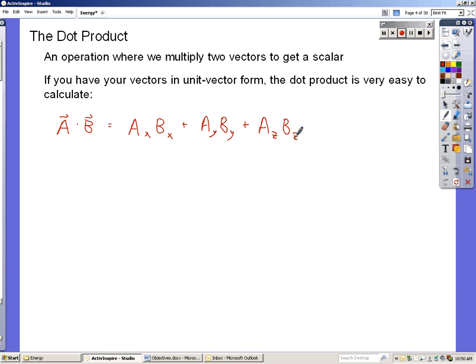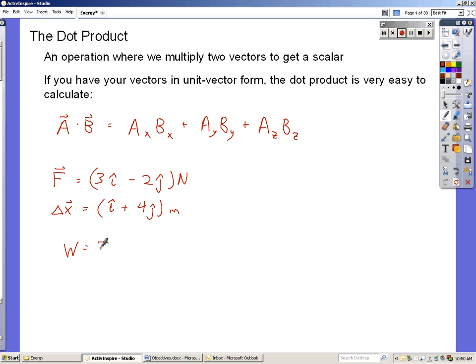So let's say we have a net force that equals 3i hat minus 2j hat newtons, and it acts over a displacement of, let's say, i hat plus 4j hat meters. What's the work done?